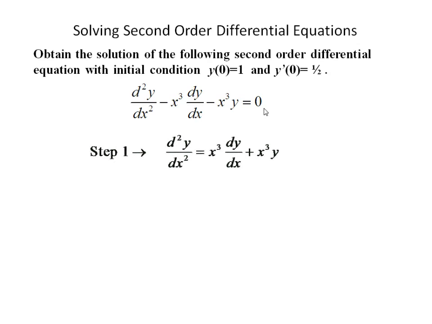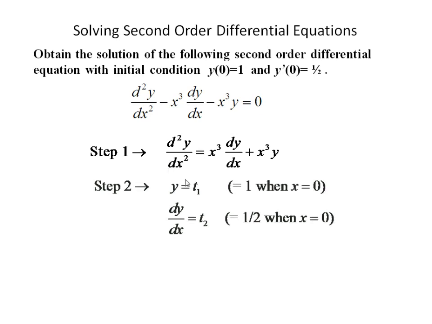So step 1 is to solve or rewrite this equation for d2y by dx square. Then step 2, use the symbols t1 and t2 for y and dy by dx.